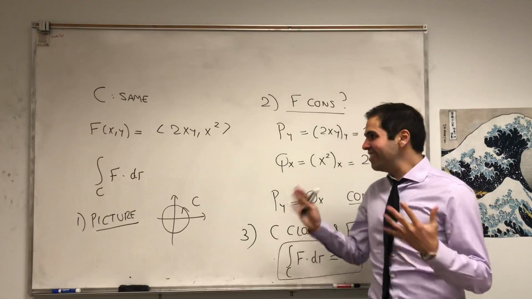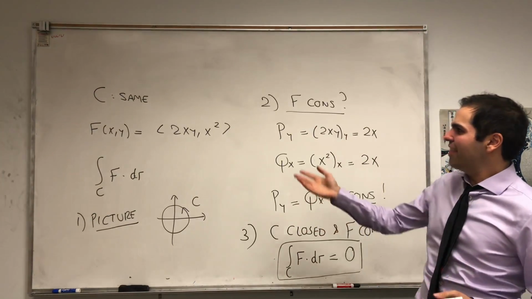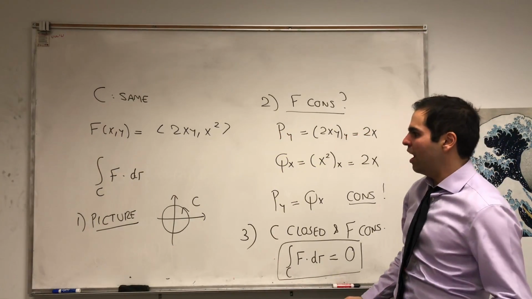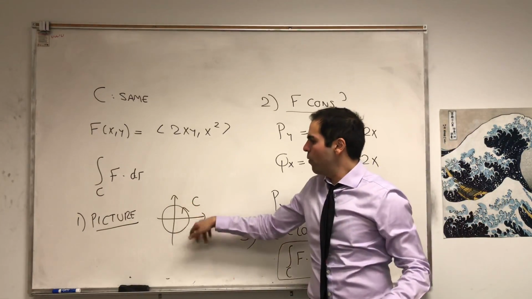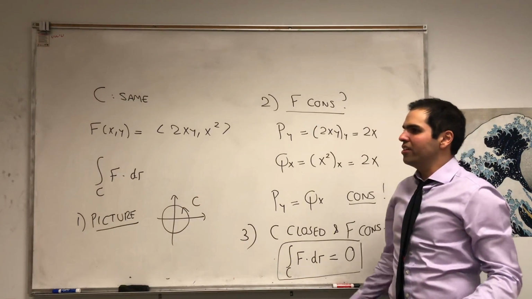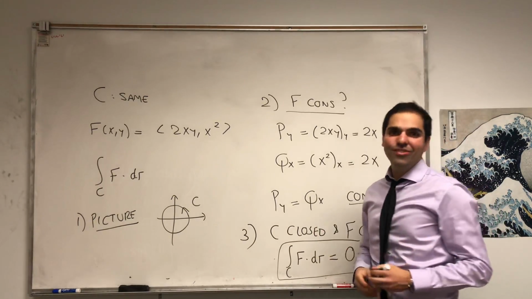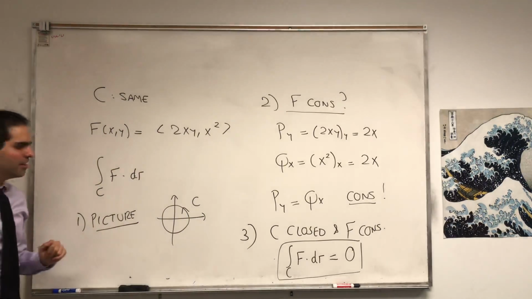Again, you could have done this using the FTC for line integrals. I think you would have found that an antiderivative is x squared y, and then you would have calculated f of the endpoint minus f of the starting point. But since the start equals the end, you would get 0. So that's a second pitfall I wanted to talk about.